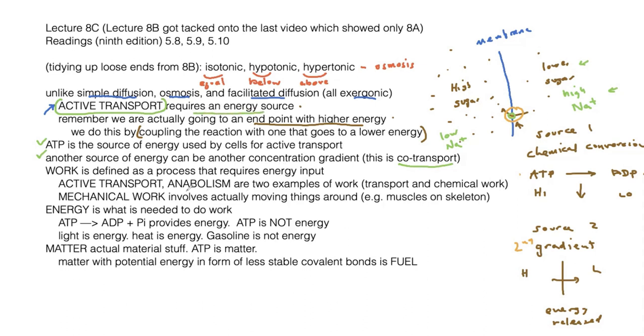And by definition, that makes active transport a form of work. Work in a strictly scientific context, I'm talking about what a physical scientist considers work to be. And that's simple. Any process that requires an energy input is work.